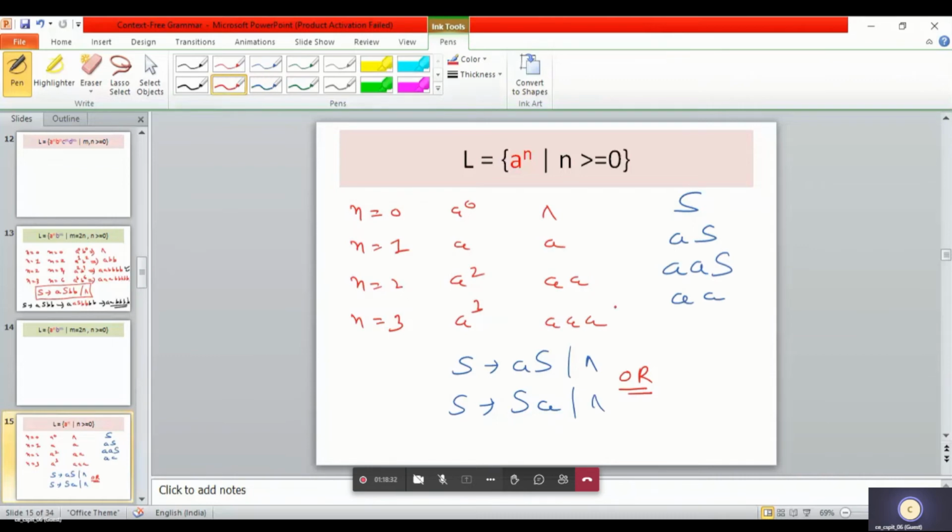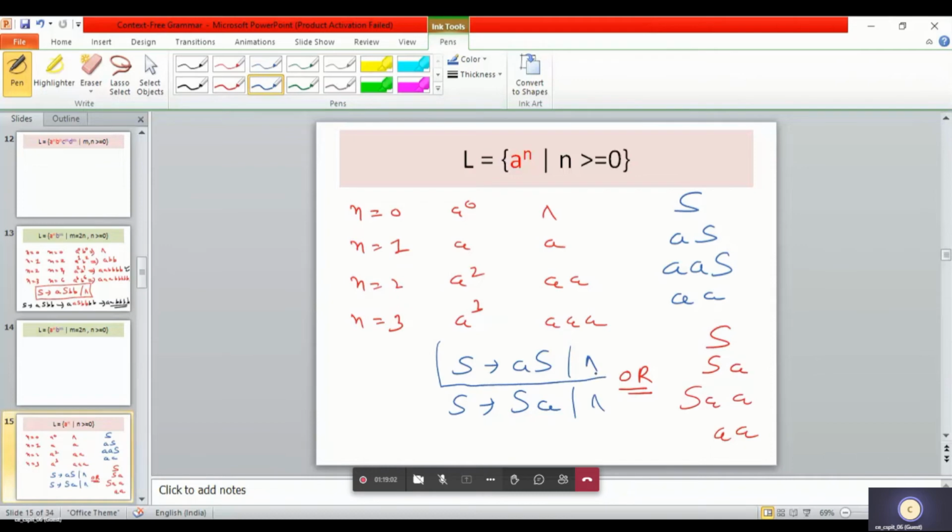Similarly, with S, I will write SA. Then for this S, again, I will write SAA. And then I will replace with null. So I will get AA. So you can use any alternative, any one of them, not both, because both are not required. It is not compulsory. You can use any one alternative and you can generate the answer.